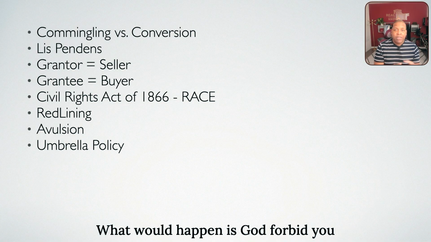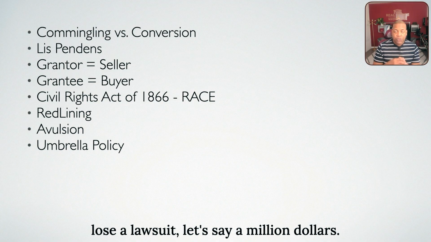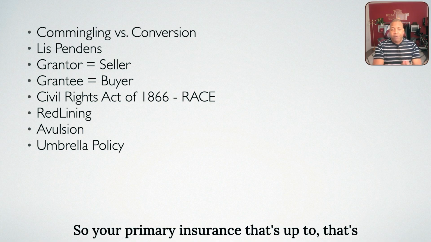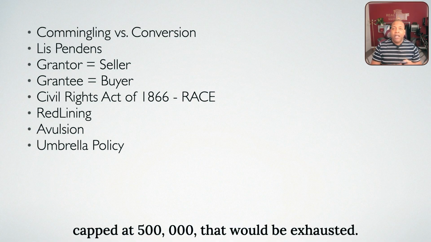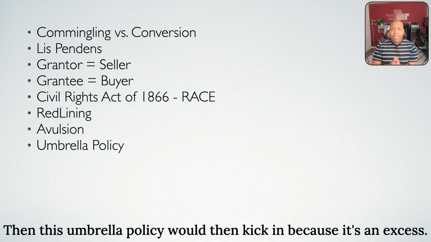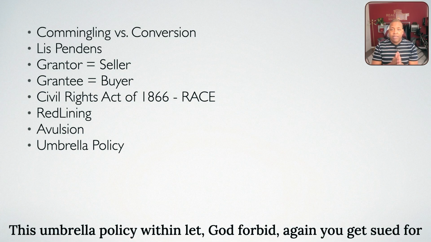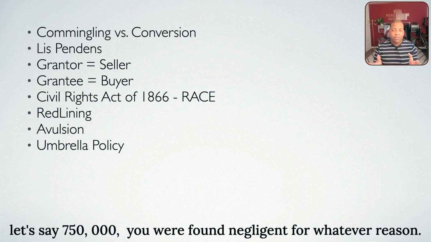God forbid you lose a lawsuit for, let's say, $1 million. Your primary insurance that's capped at $500,000 would be exhausted. Then this umbrella policy would kick in because it's in excess. God forbid, again, you get sued for, let's say, $750,000.